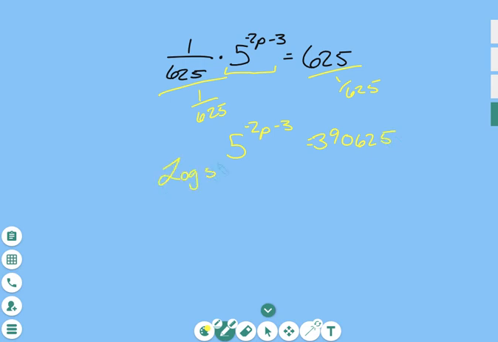Use a log base 5 to get rid of our exponent. And I end up with negative 2p minus 3 equals, and then over here I get an 8, and now I can finish solving.